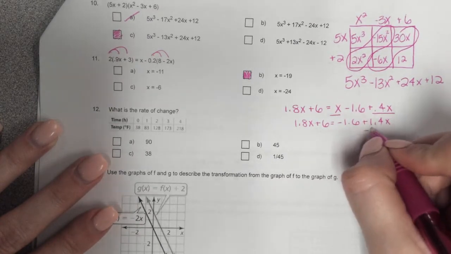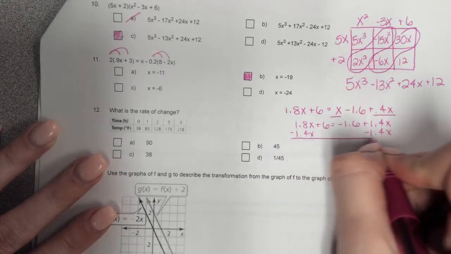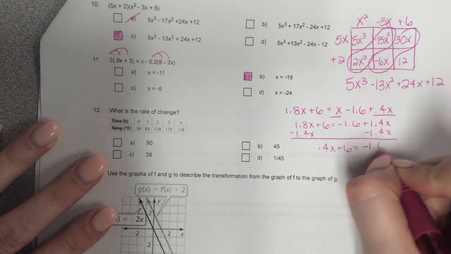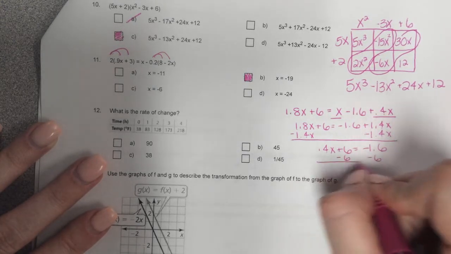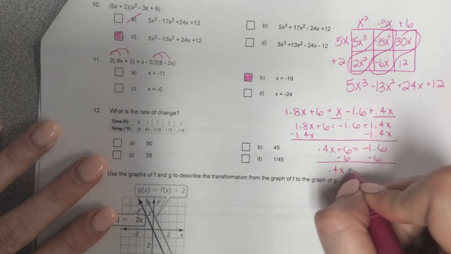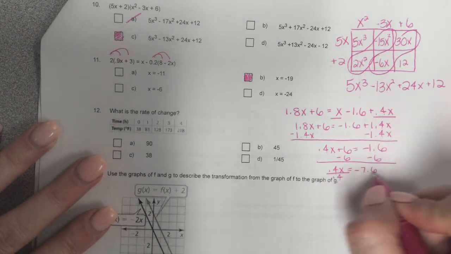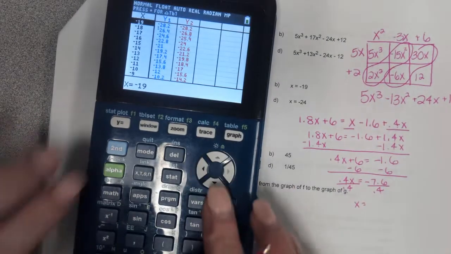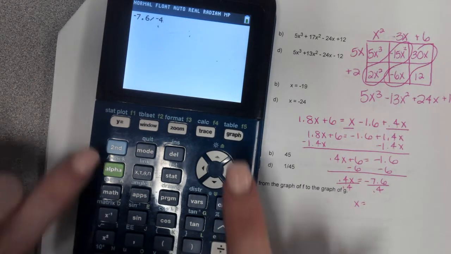Can't have x's on both sides, so I'm going to subtract the 1.4x. So you get 0.4x + 6 equals negative 1.6. Subtract the 6, subtract the 6. So 0.4x equals negative 7.6. Divide by 0.4, divide by 0.4. So x equals negative 7.6 divided by 0.4.